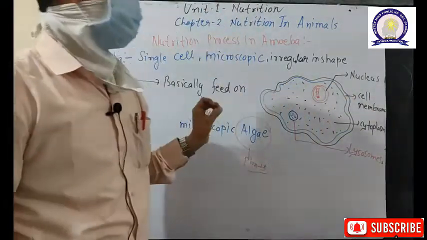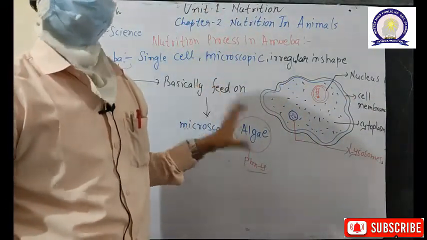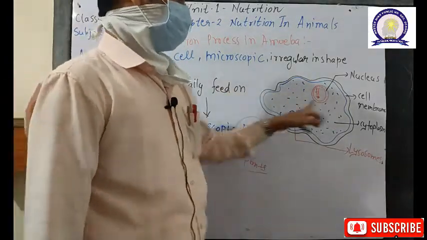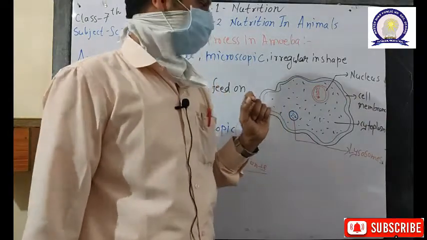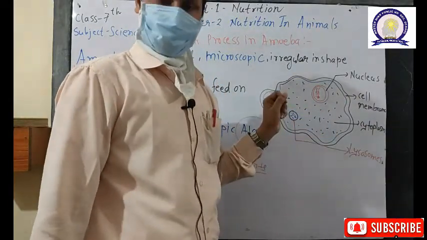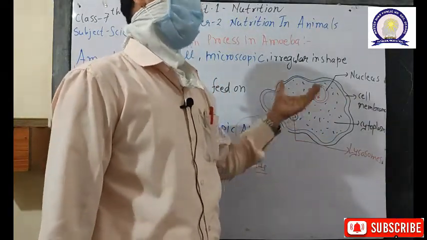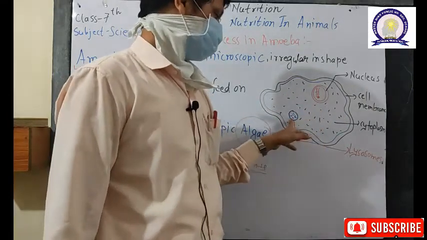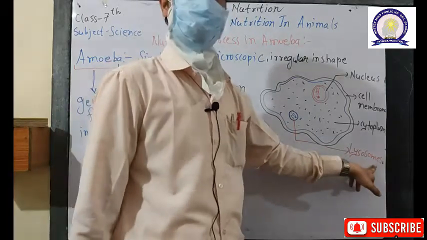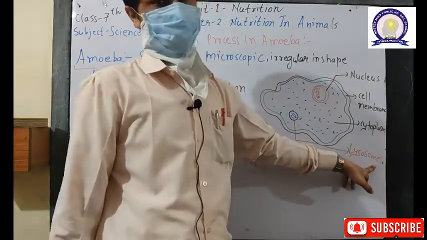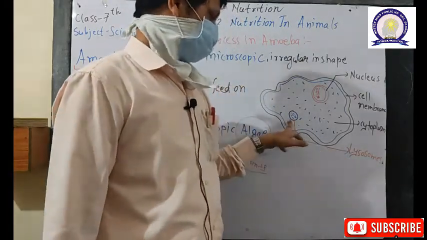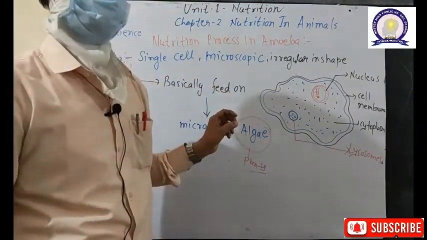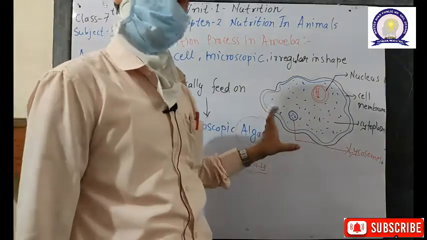That means the nucleus is the important part of the cell which controls all the metabolic processes of the amoeba, and it is surrounded by the two layers of the cell membrane. It contains a granulated cytoplasm. That means its cytoplasm contains some kind of granules, and the most important organelle is called a lysosome, which helps in the digestion of the food. So lysosome contains various types of digestive enzymes and chemicals which help amoeba to digest its food.